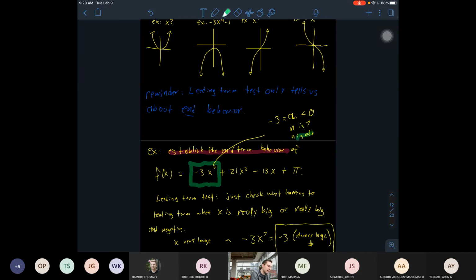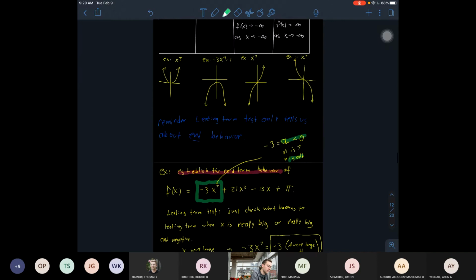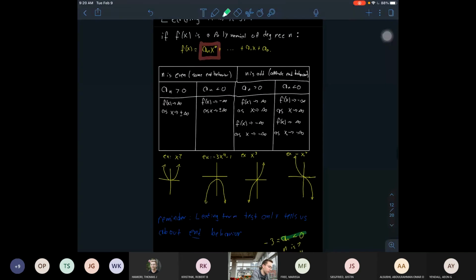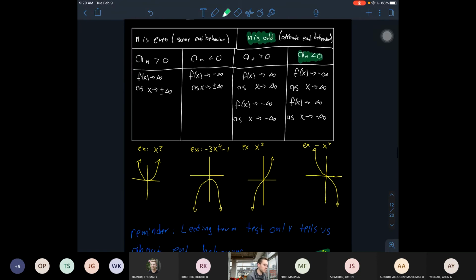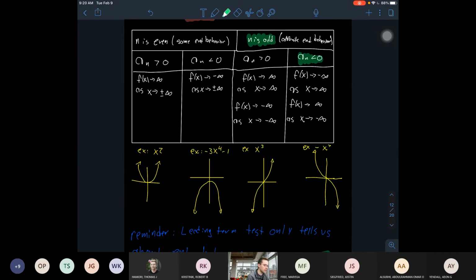Okay, so we have n is odd and a sub n less than 0. So I can just go to the table, I find n is odd, I find a sub n less than 0, and I know that this is going to be my end term behavior. Okay. I'm just going to automatically get that f of x goes to negative infinity as x goes to positive infinity, and f of x goes to infinity as x goes to negative infinity. And that's exactly what we established below using our more careful reasoning.